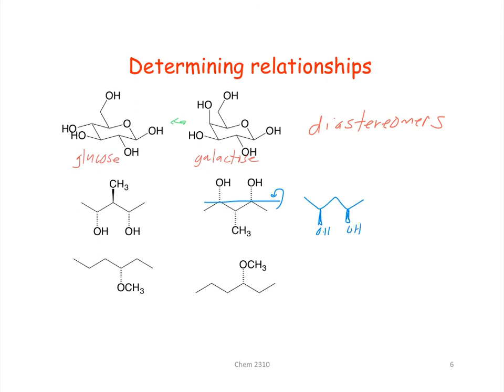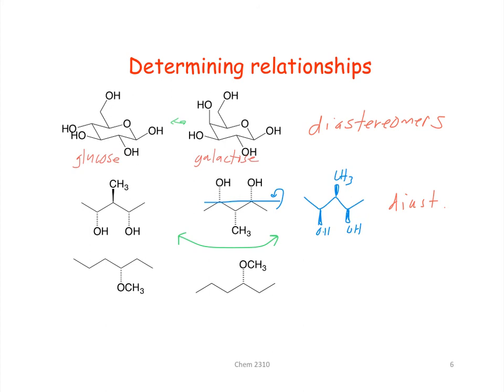Right? And then the CH3 is back, so it's going to go up in front. Alright, so what is the relationship between these two? So they're not mirror images. Are they stereoisomers? Yep, they're stereoisomers that are not mirror images. These are diastereomers.